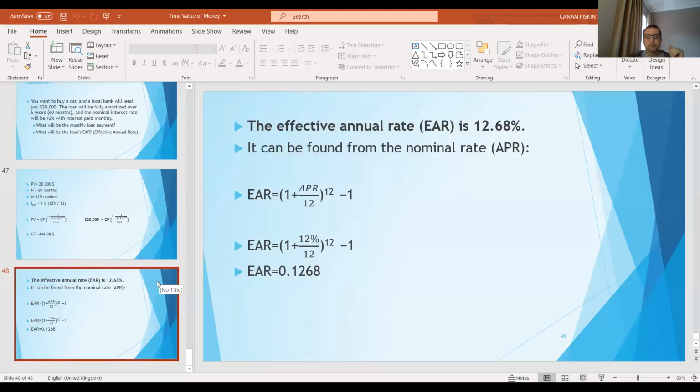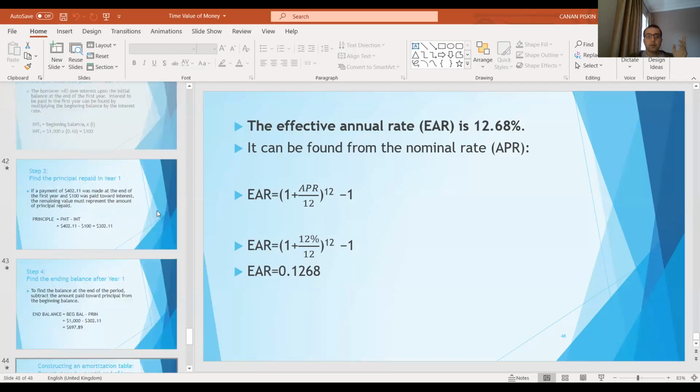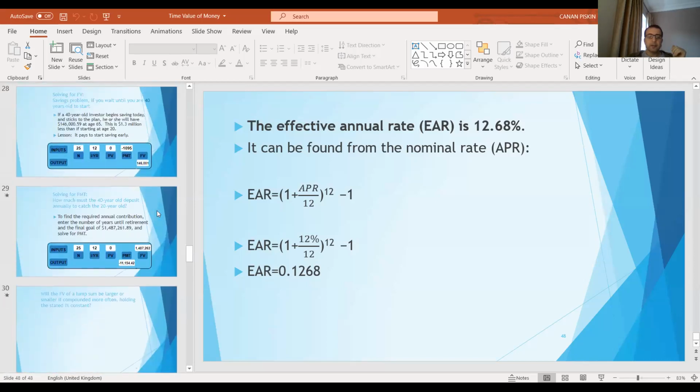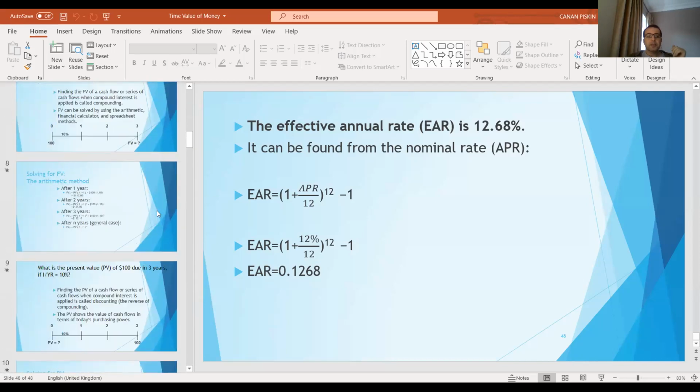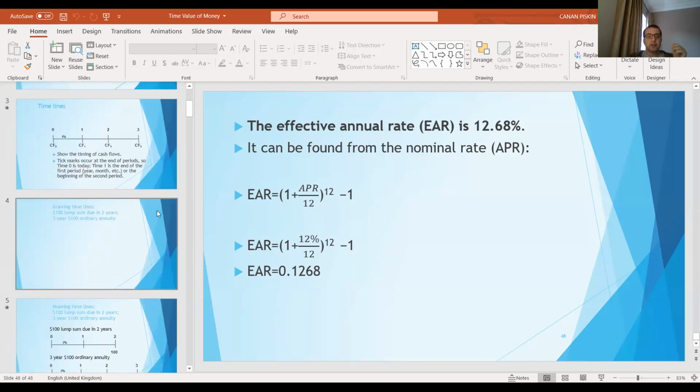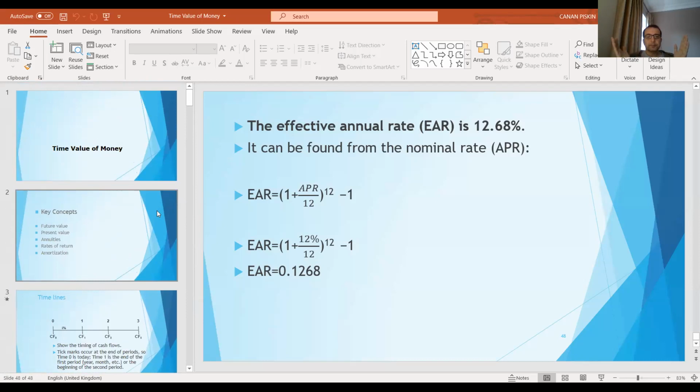So this is the end of our slides. One more thing I may add is the bond calculation. Basically, bond calculation is the same as present value calculation, but let me show you on the timeline.